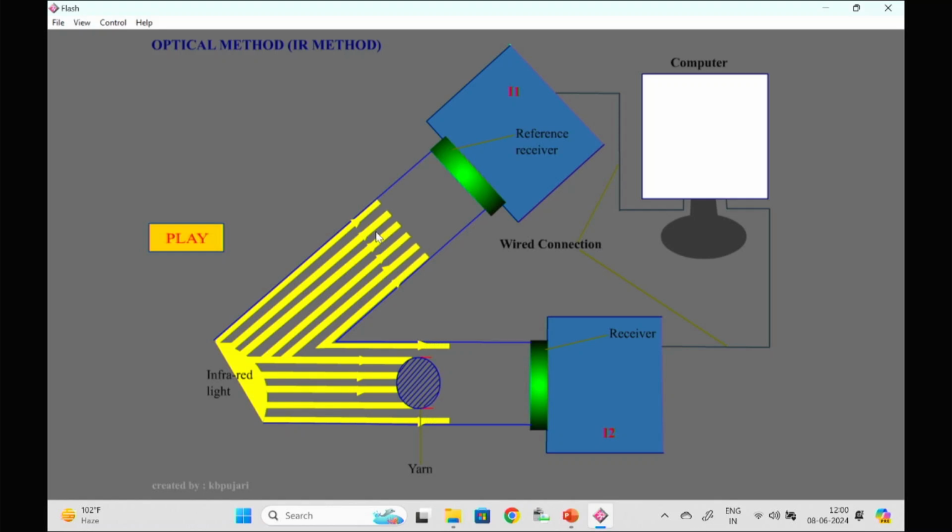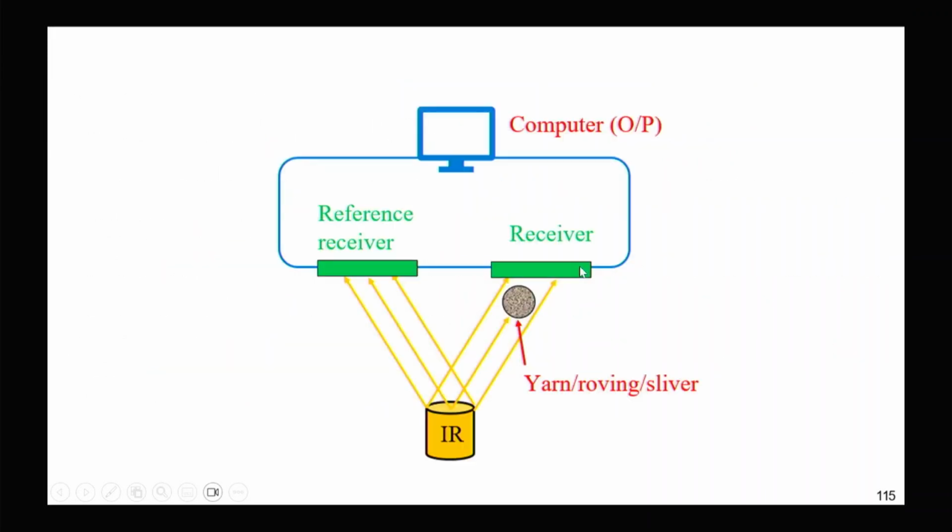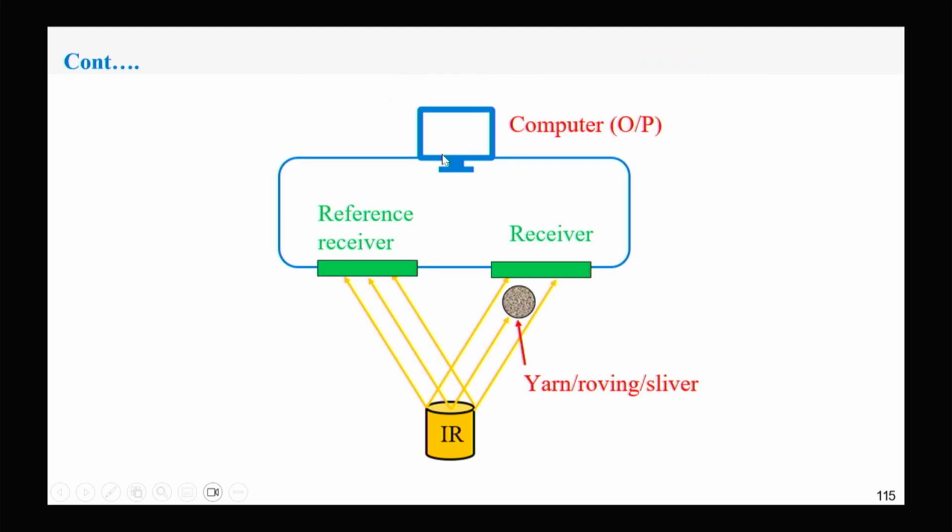The difference between the reference beam intensity and the other receiver is a measure of the yarn diameter. As the yarn moves, we get the plot continuously, and it's connected with the computer. The intensities received by the two receivers are processed in the computer.